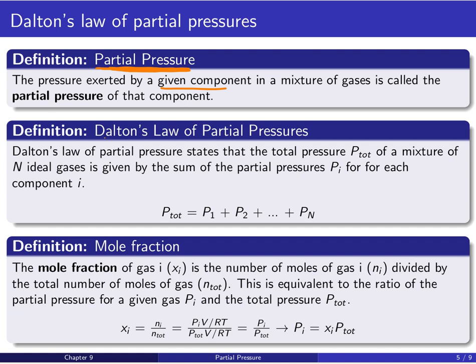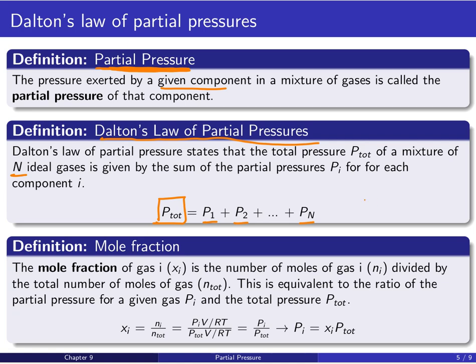And Dalton's law then says that the total pressure of a system, we're going to denote that P_tot here, of a mixture of gases, we'll say that there are capital N ideal gases, is simply going to be the sum of the partial pressures for every one of those component gases in that mixture.